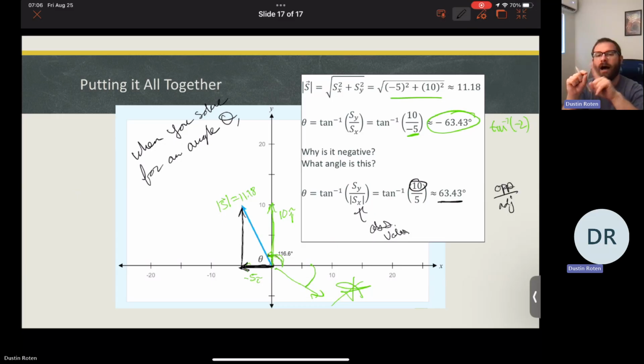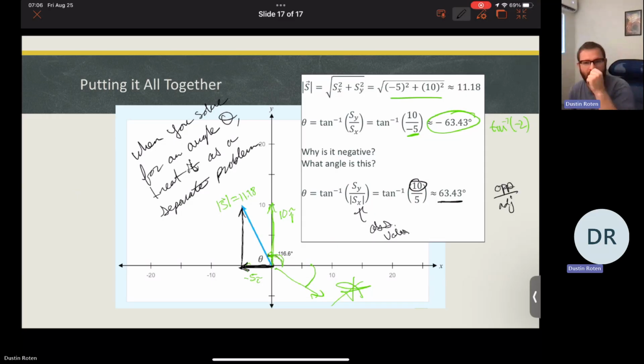What is the opposite of this particular angle, and what is the adjacent piece of this particular angle? When you solve for angle theta, treat it as a separate problem. Otherwise, you'll get negatives in your angles and essentially get the wrong answer. Even though you have the right number, 63, you might wind up with a negative in front of it.